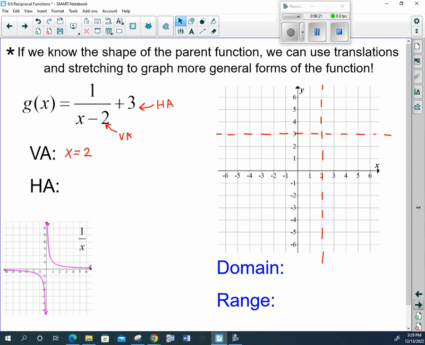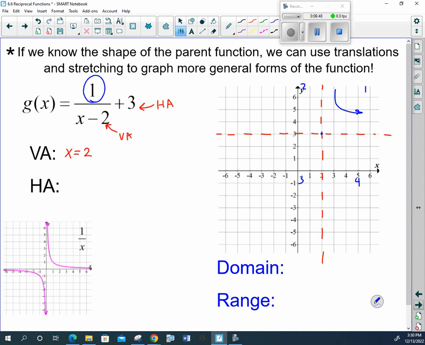Now we're going to use this A right here to help us draw the branches in the right spot. Now since A is positive, if we think of this point right here as 0, 0, and this is the first, second, third, fourth quadrant in relation to the asymptotes, then if A is positive, your branches are always going to be in the first and the third.